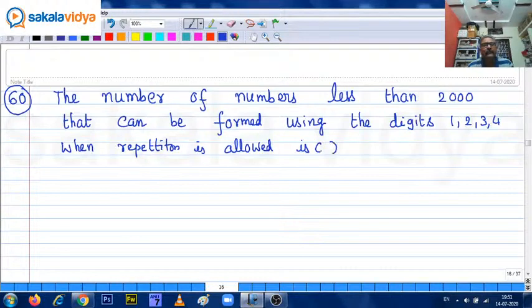First option is 84, second option is 148, third option is 180, fourth option is 1440. This is the question.